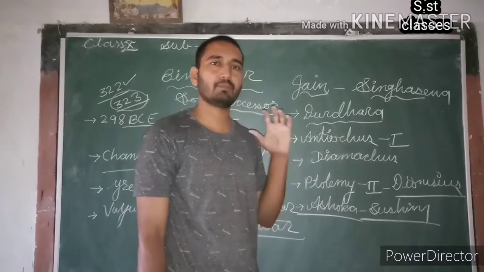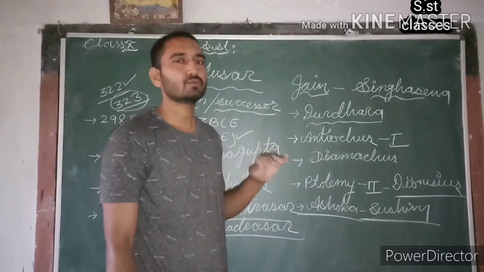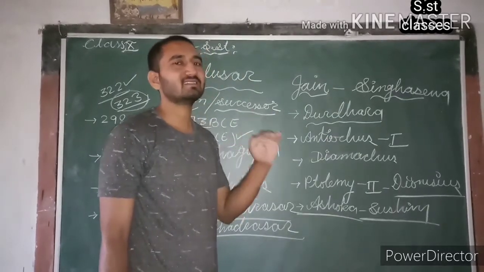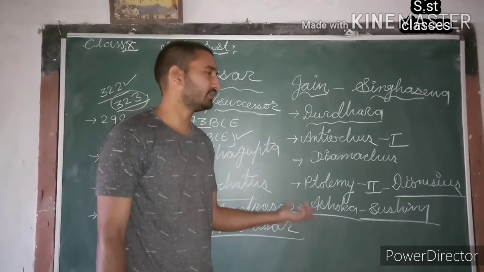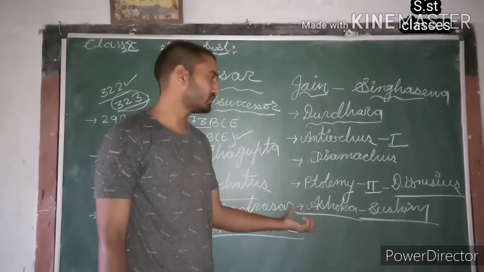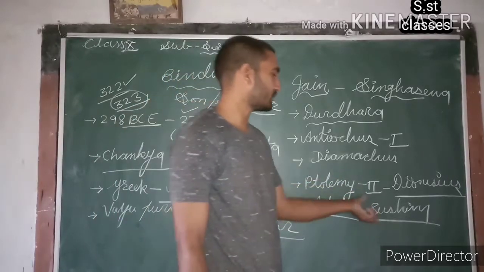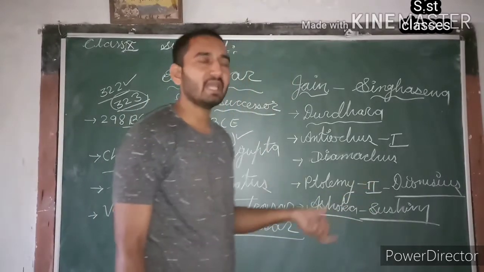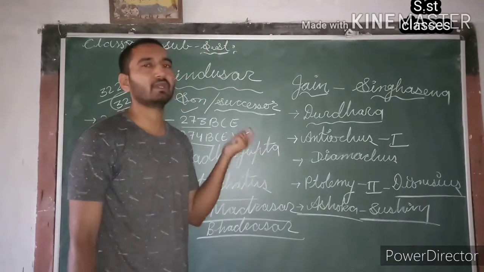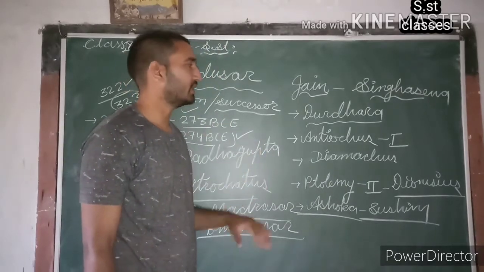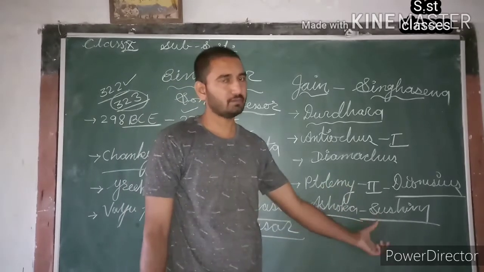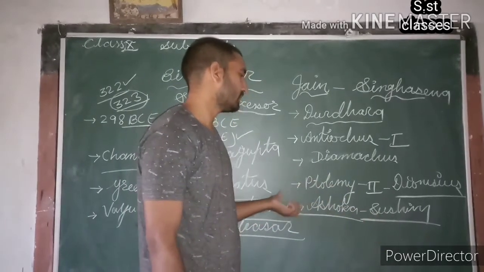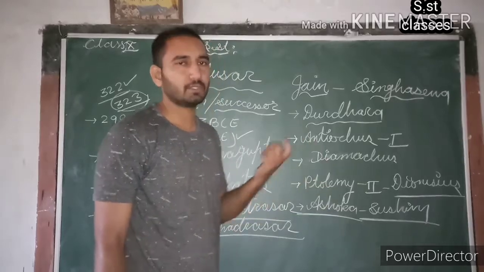In this way, Ashoka proved his eligibility to be the ruler, to be the successor of Bindusar. And finally, with the help of the ministers and courtiers of Bindusar, by killing Susim, Ashoka became the next ruler of Mauryan dynasty. Mean to say that the natural successor of Bindusar was Susim, but after killing Susim, Ashoka became the ruler.